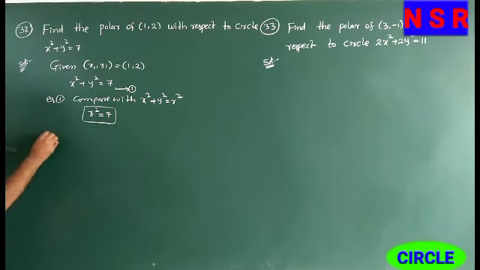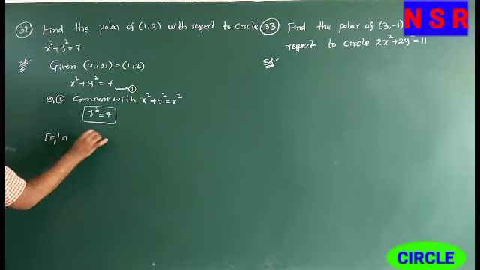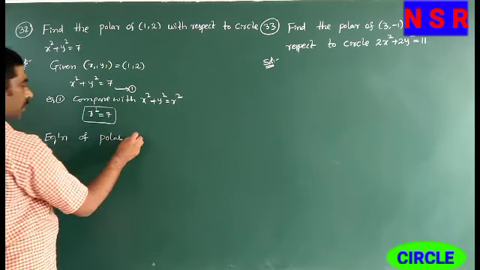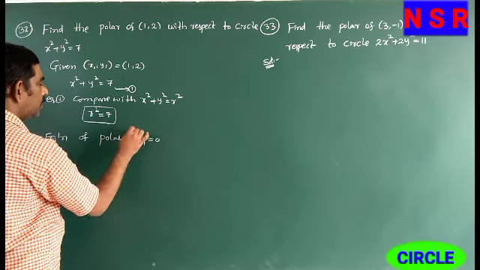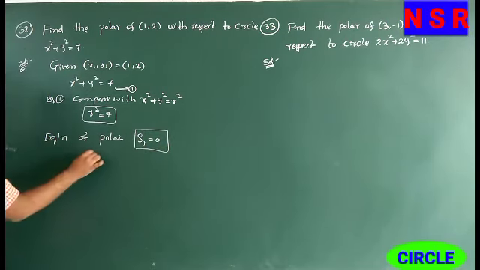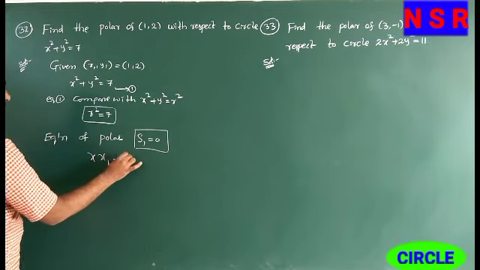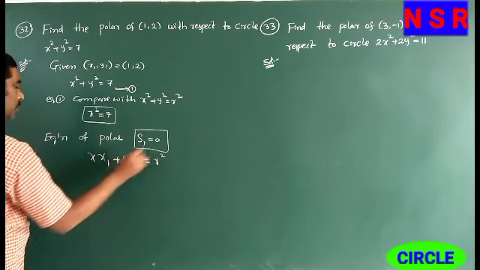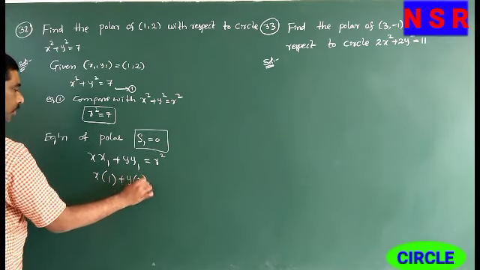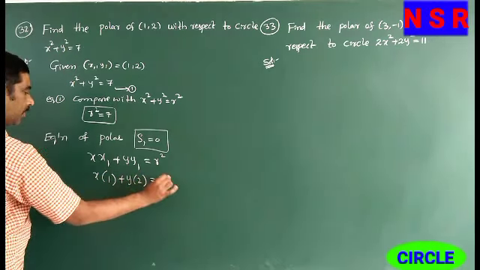So equation of polar. Equation of polar is S1 equal to 0. So here xx1 plus yy1 equal to r square. So x into 1 plus y into 2 equal to 7.